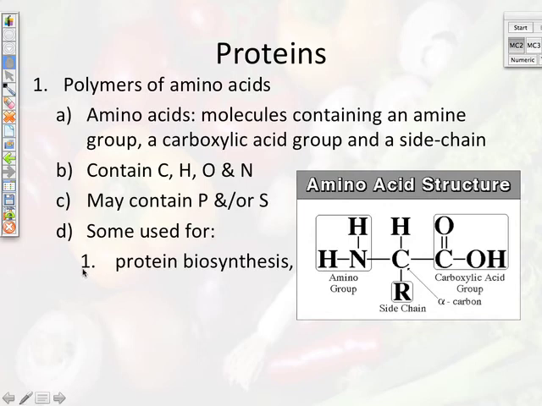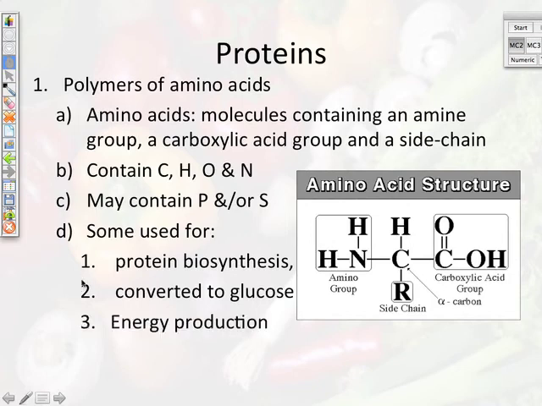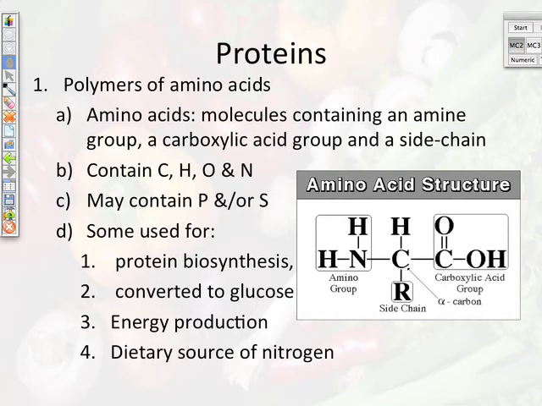They can be converted to glucose, so an energy source. There are other ways of producing energy, and it's our main dietary source of nitrogen.